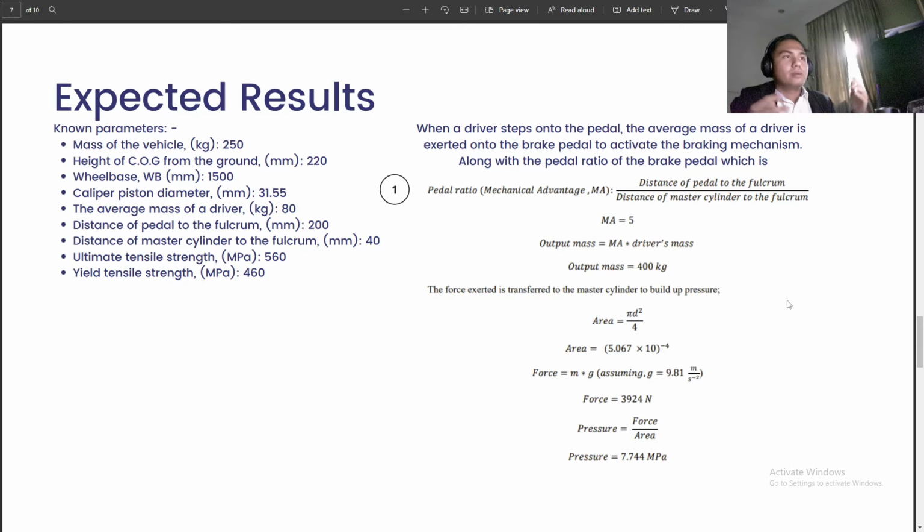And then from the output mass, you can get the force by assuming that the brake pedal will be pushed downwards, which is gravity. Then we'll get the force exerted on the master cylinder. Then using the formula pressure equals force over area, we can get the pressure on the master cylinder.